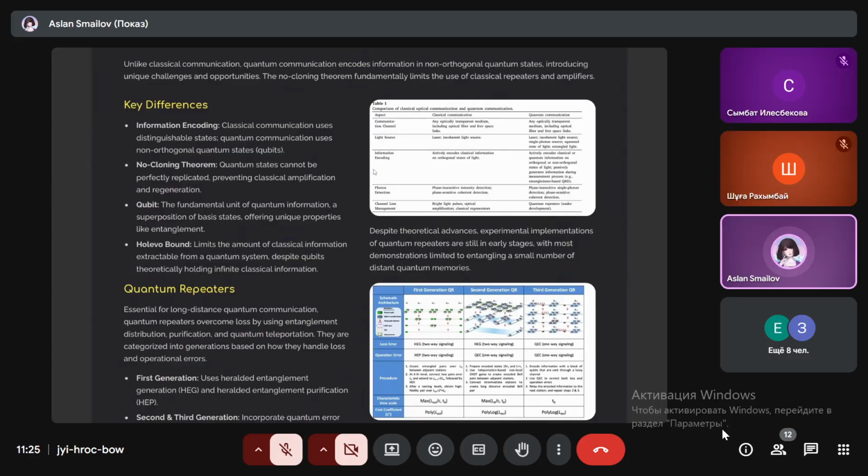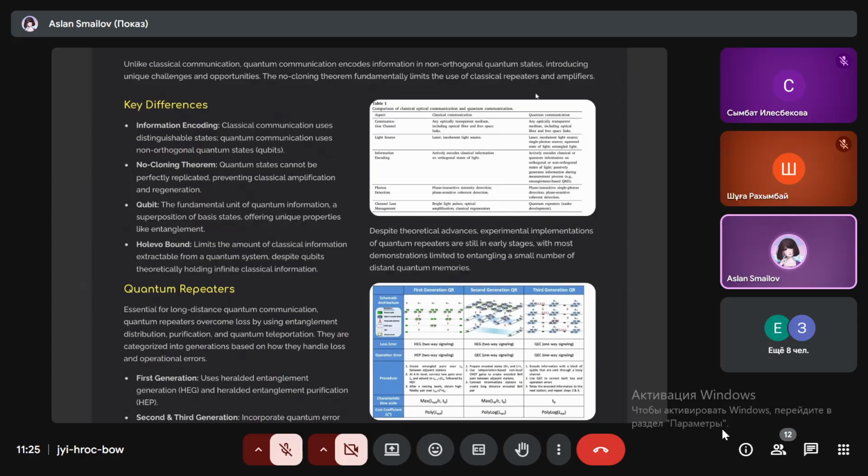For the information coding, in classical communication we actively encode classical information on orthogonal states of light. And for quantum communication, we actively encode classical or quantum information on orthogonal or non-orthogonal states of light, possibly generating information during the measurement process.